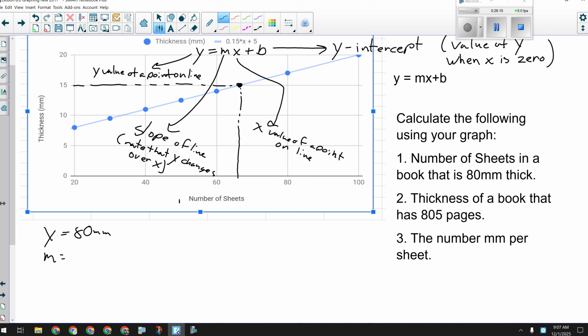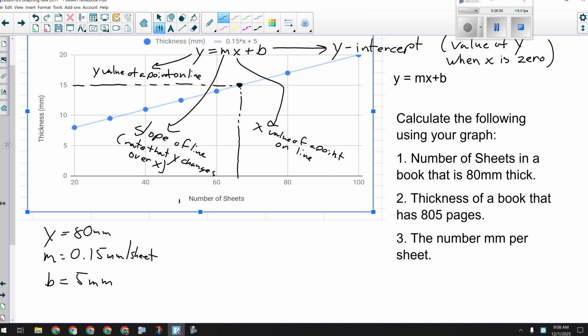Okay, we know m because the equation gave it to us. Okay, and I also know b. How did I know b was 5 millimeters? B is the value of y when x is 0.